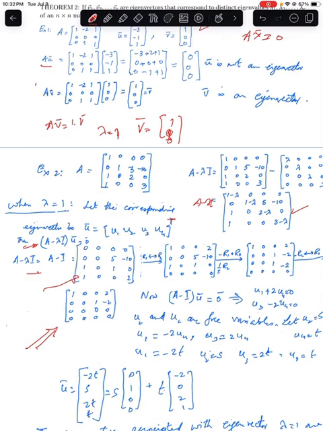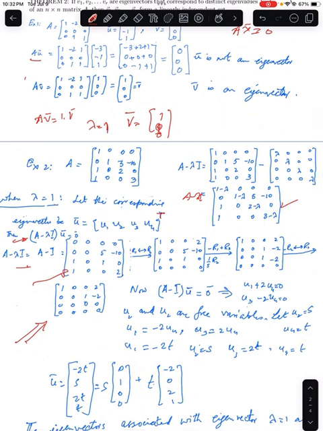And now I should try to write the others in terms of u2 or u4, or a mixture of u2 and u4.